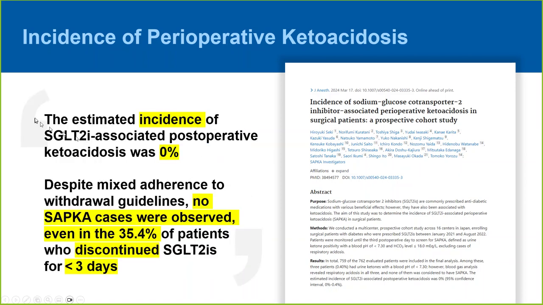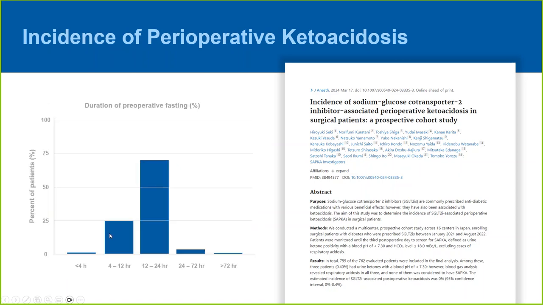And what he found was that the estimated incidence of SGLT2 inhibitor associated postoperative ketoacidosis was 0%. And this was despite mixed adherence to the withdrawal guidelines. No cases of SGLT2 inhibitor associated postoperative ketoacidosis were observed, even in the 35.4% of patients who discontinued their SGLT2 inhibitors less than 3 days from the procedure.